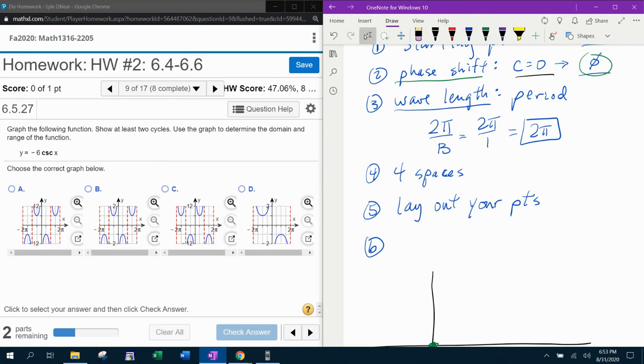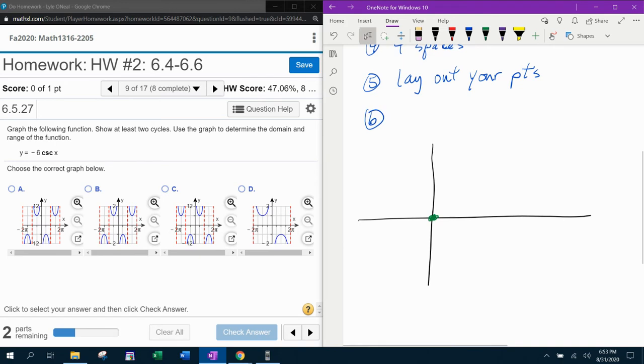And then our wavelength is 2 pi. So here I'm going to start at 0, which means I'm going to finish at 2 pi. And if you're wondering how far over to go, you get to choose how far over to make that 2 pi. I wouldn't make it too short or your wave's going to be scrunched up, and I wouldn't make it too far out because you couldn't do another period.